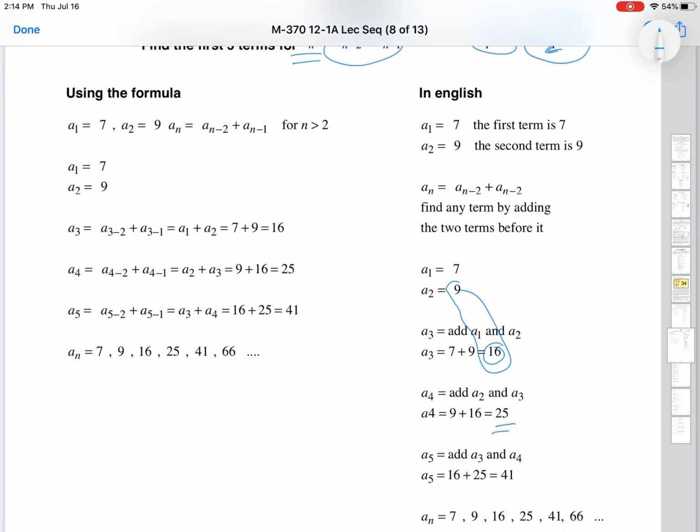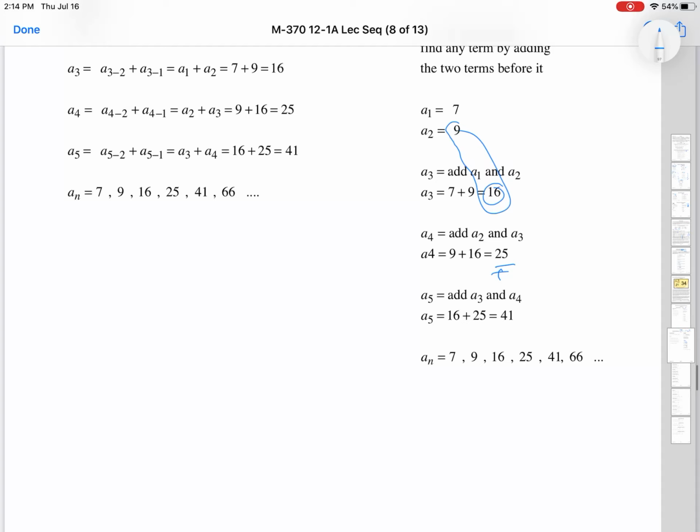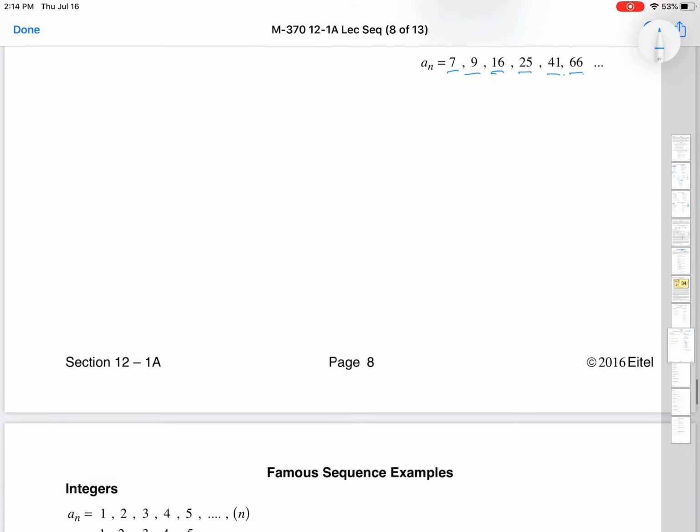To get a fifth term, we're going to add the 25 that we just got to the 16 prior, right? And so you can start to see, we started out with these two, add them to get 16. 9 plus 16, 25. 16 plus 25, 41. 41 and 25, 66. And so forth and so on, right? The next one would be 107 coming through there. So adding those previous terms.